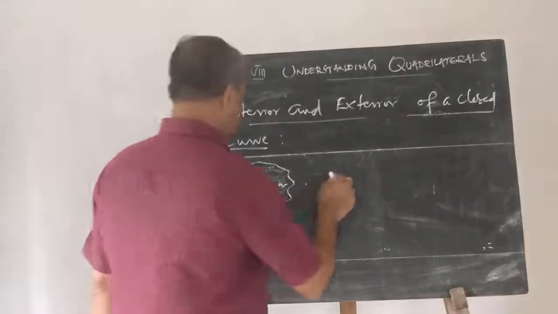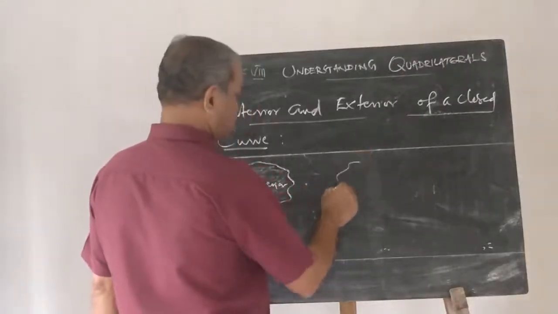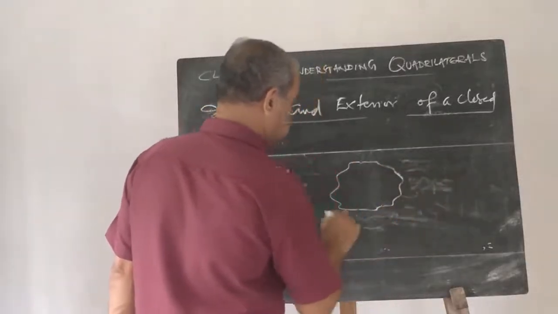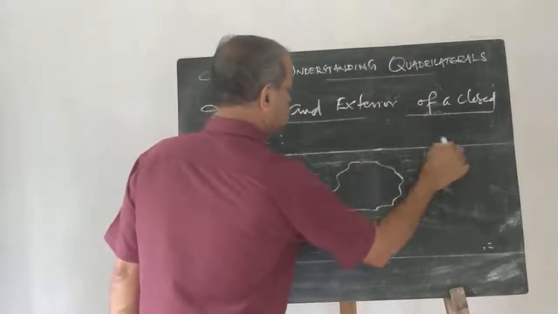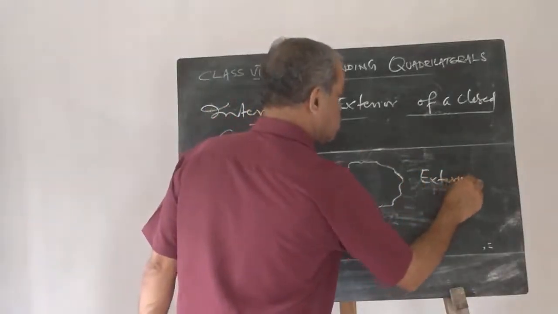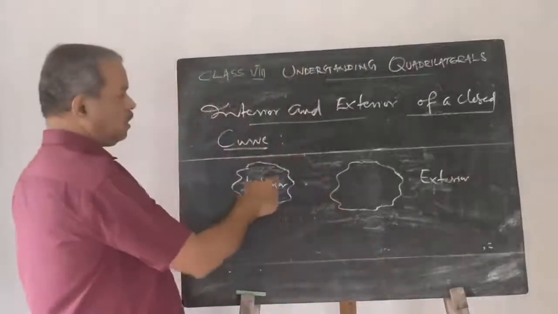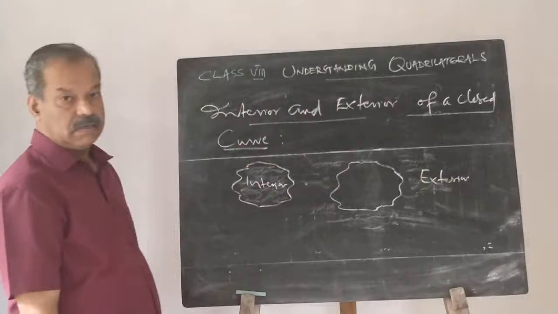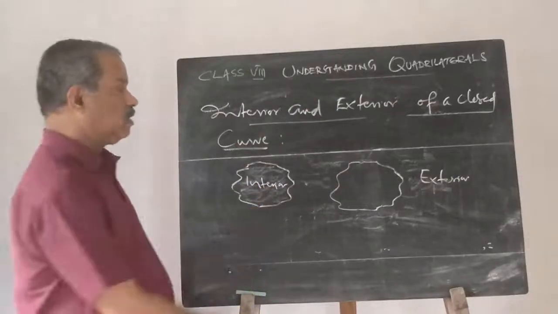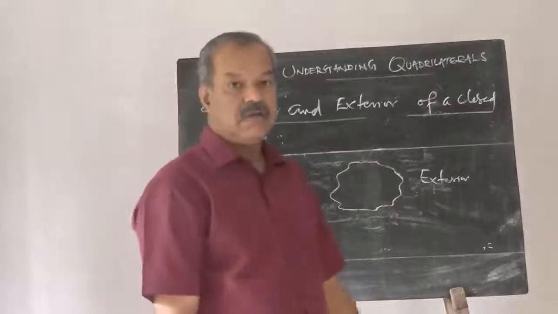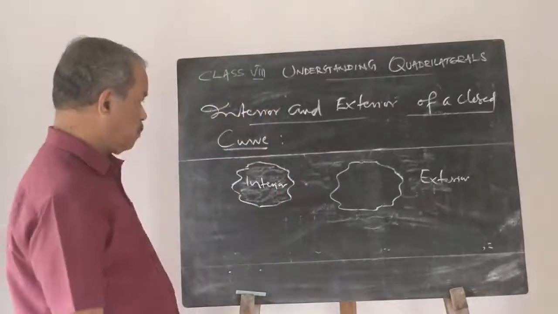Then exterior. This shaded portion is the interior of the closed curve. The outside portion is called the exterior of the closed curve.